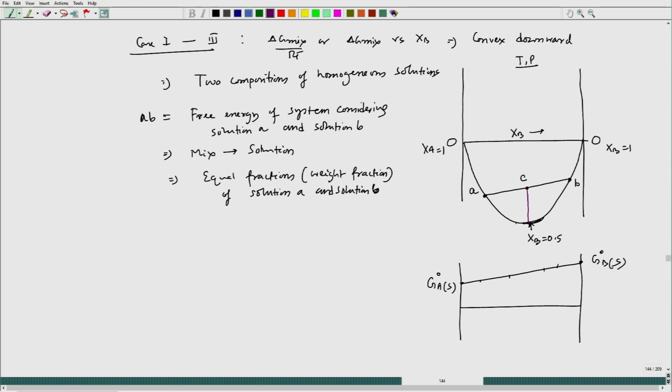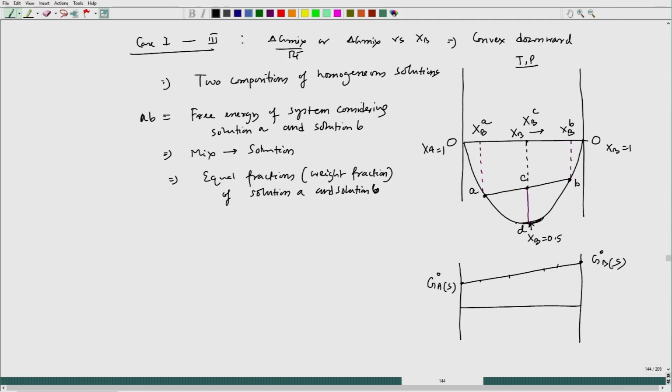Okay. So, this is the composition of two solutions, this is x b a, this is x b b, and this is the composition, let us say x b c. Fine. Let me put this particular point as D.